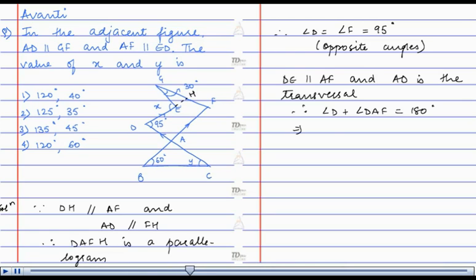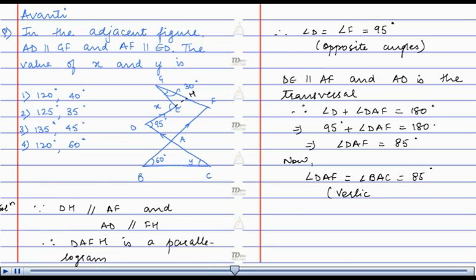This implies 95 degree plus angle DAF is equal to 180 degree. This implies angle DAF is equal to 85 degree. Now, angle DAF is equal to angle BAC is equal to 85 degree, since they are vertically opposite angles.